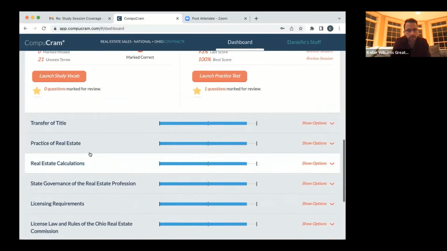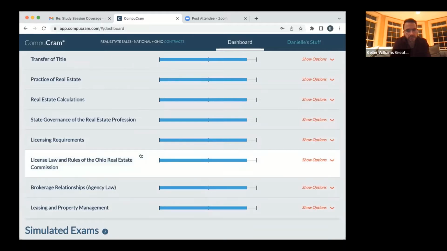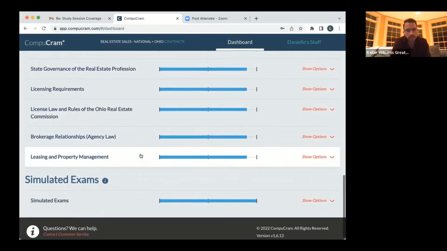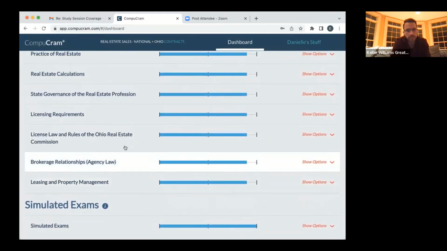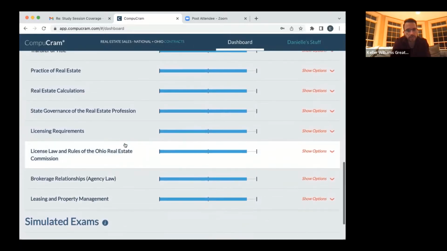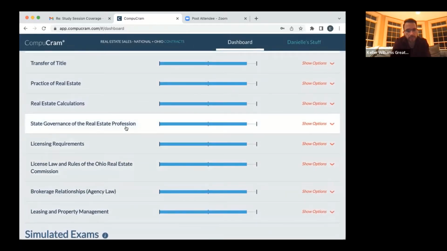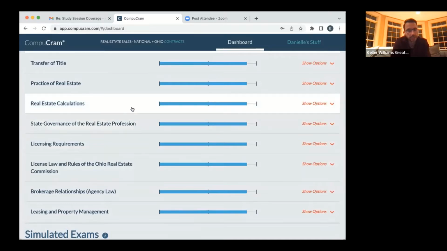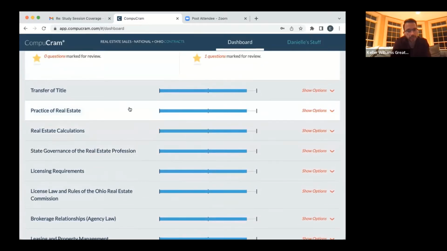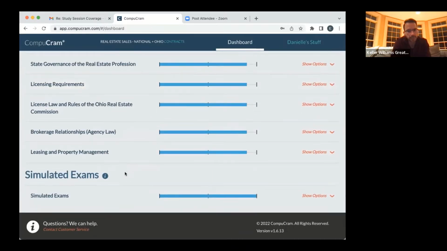So transfer of title, we could go into leasing and property management, broker relationships, agency law, licensing requirements, state governance, real estate calculations, practice of real estate. I think we already said that.